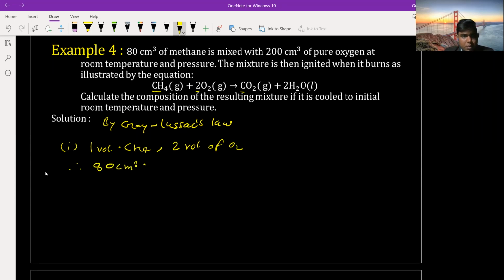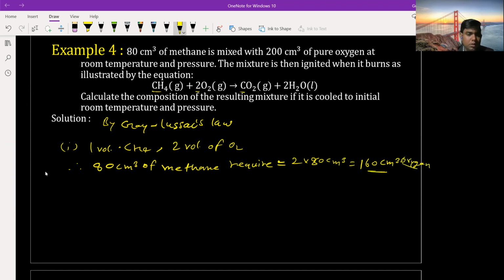So 80 centimeter cube of methane requires 2 into 80 centimeter cube, means 160 centimeter cube of oxygen. ठीक है, now 1 volume of methane produces 1 volume of carbon dioxide.